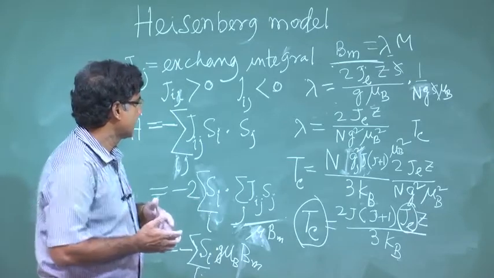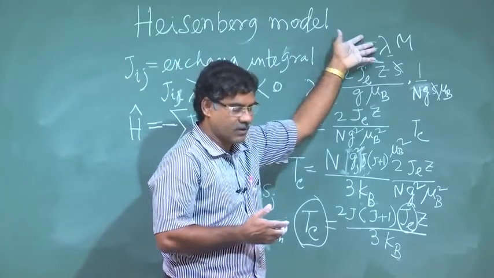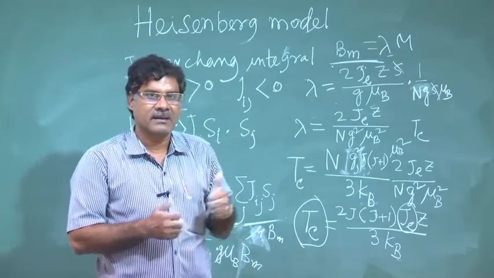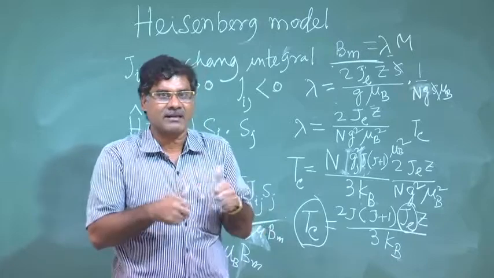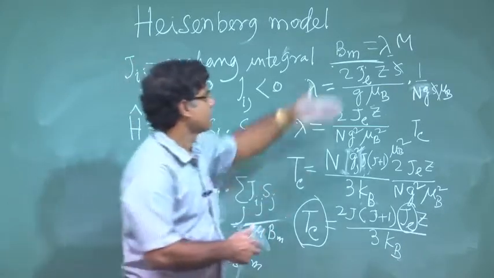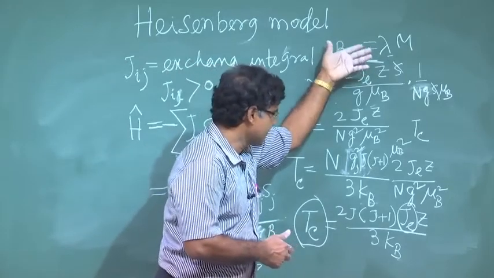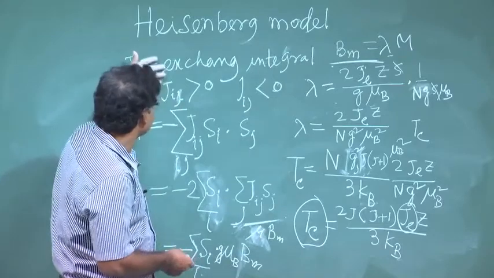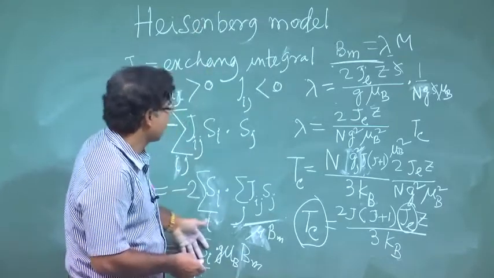And whatever the molecular field theory we consider, that is correct, but there just a magnetic dipole interaction kind of concept was taken, but this BM is basically what we are getting from this Heisenberg model also, and there is a connection.